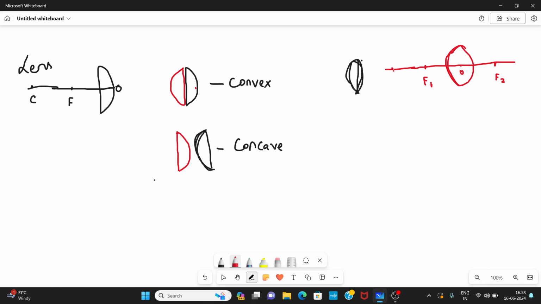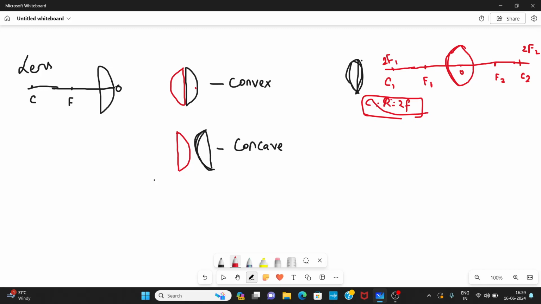At a distance there is going to be center of curvature c1, and here center of curvature c2. You could write the center of curvature as 2f1 and 2f2, because R, the radius of curvature, is equal to 2f.